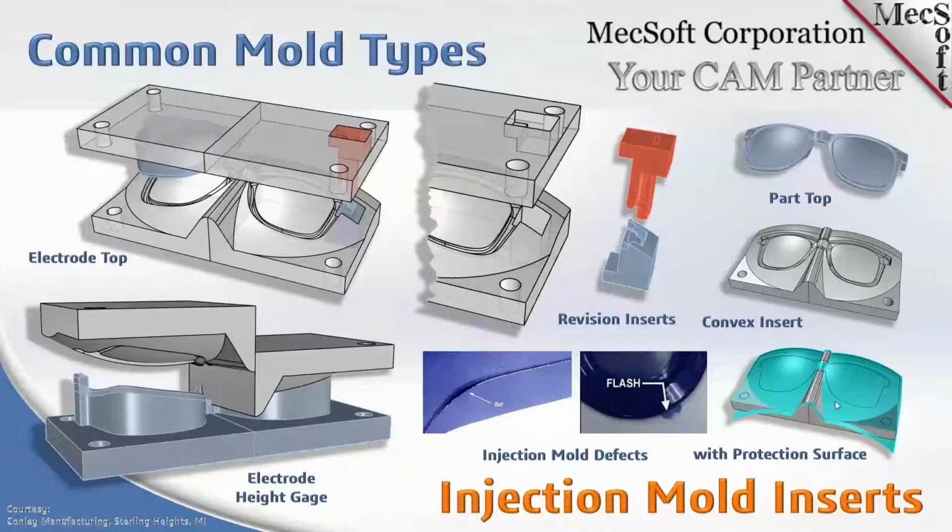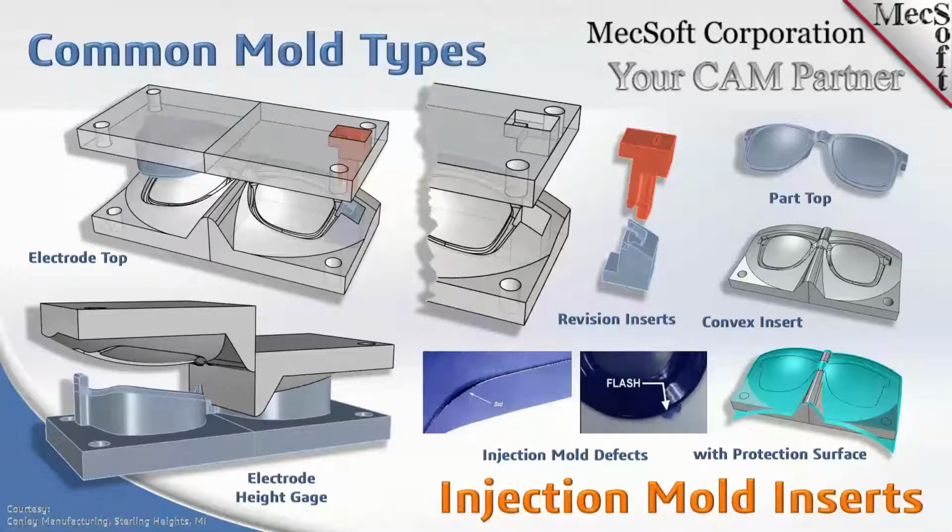And if you move over from there, in the middle, you see two examples of injection molding defects. On the right, you see flash, which can occur if your parting line has been sufficiently degraded. So you need to take care of that parting line, and we're going to show you how to do that. And then on the left shows a mismatch in the parting line.